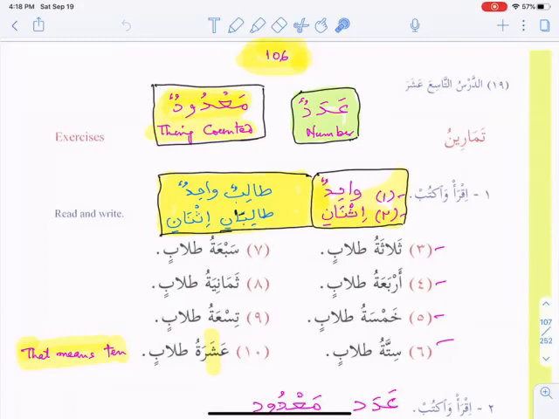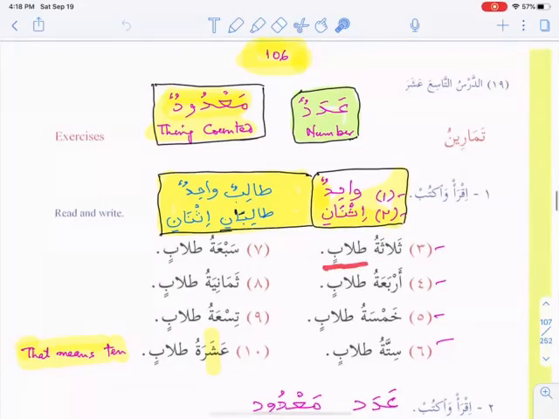But let us hear. See, for 3, the ma'dud becomes majroor, and it is plural. Now, if this is masculine, then the number becomes feminine. That's the way Arabic is, masculine and feminine. The number becomes feminine when the ma'dud is masculine, and the ma'dud is plural, from 3 to 10.